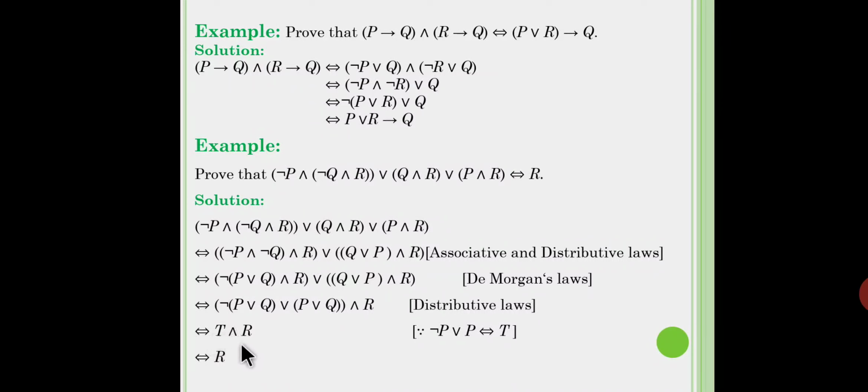So true and R, which by the identity law gives R. So the LHS is equivalent to the RHS.